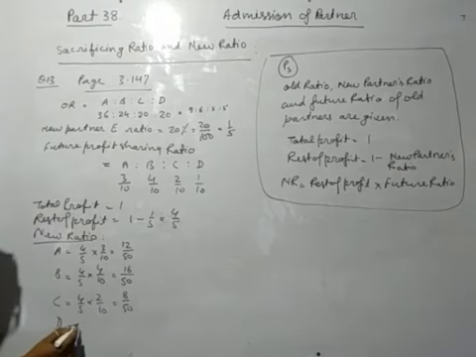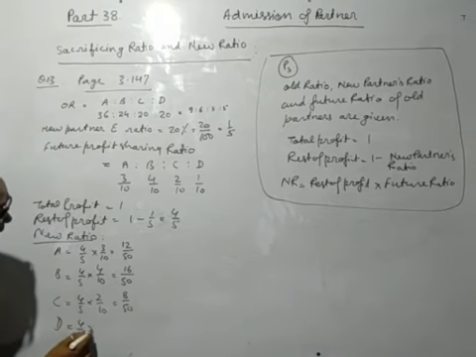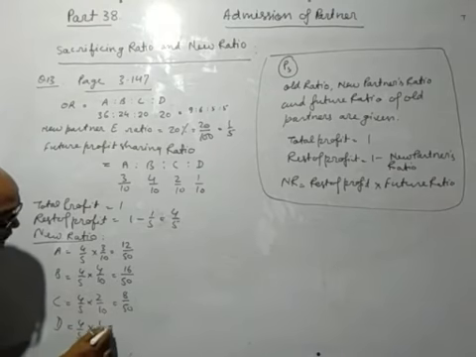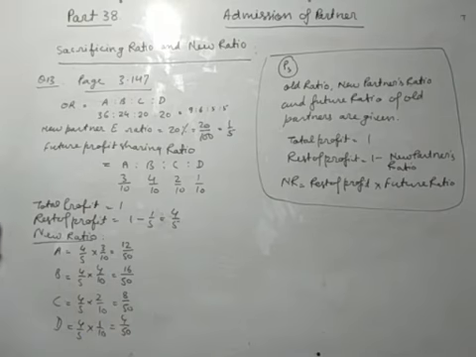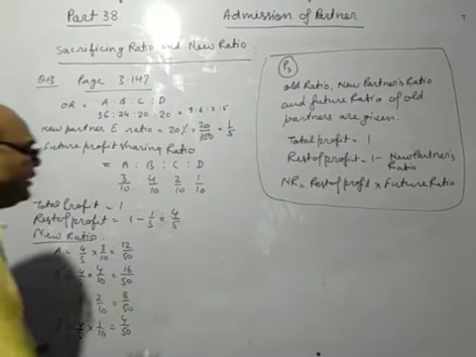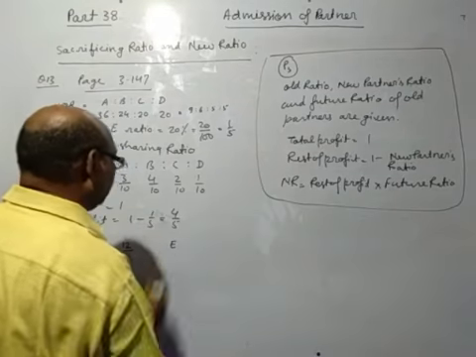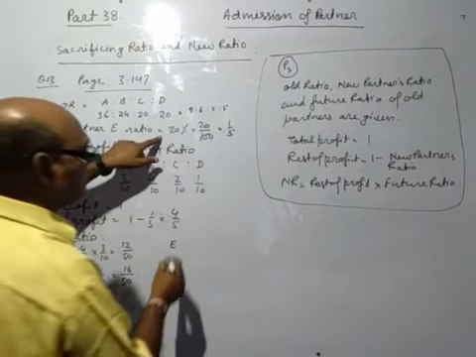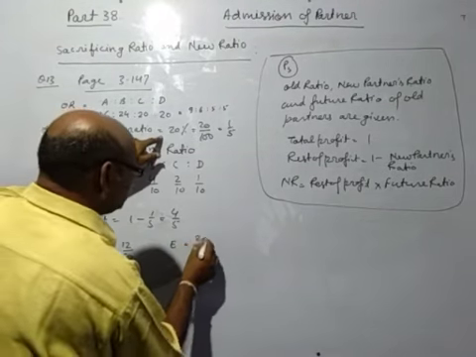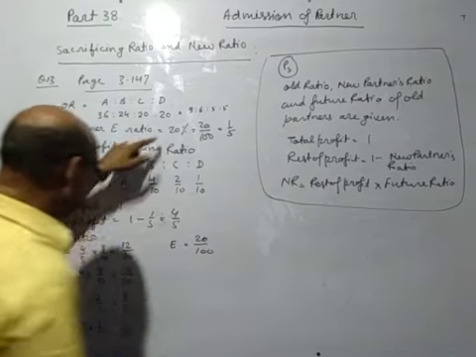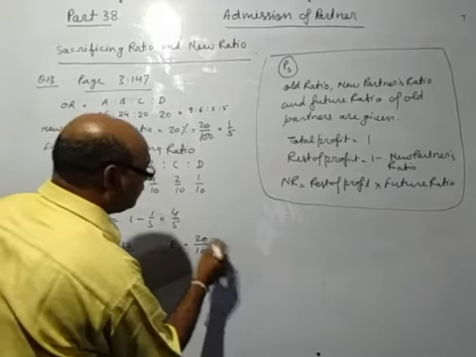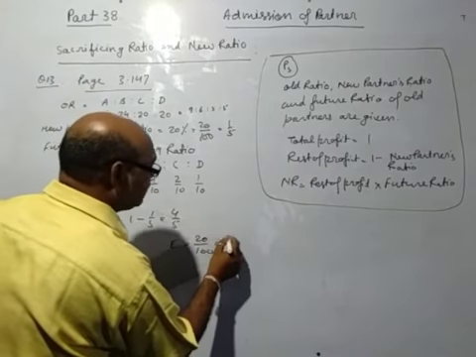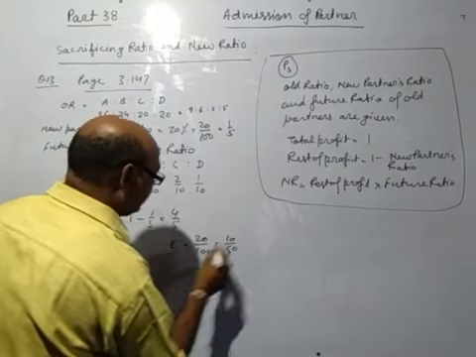And D: 4 by 5 into 1 by 10, 4 by 50. And E's ratio is already given, 20 by 100, but here all data are given in 50. So we will cancel this one, 10 by 50.